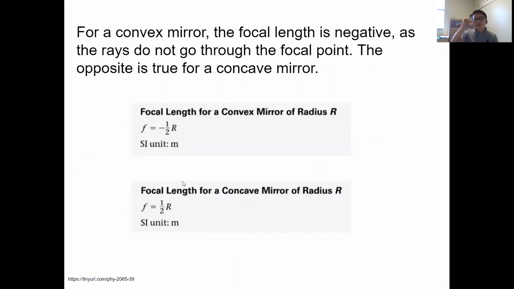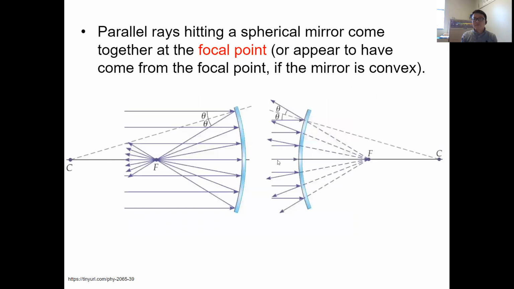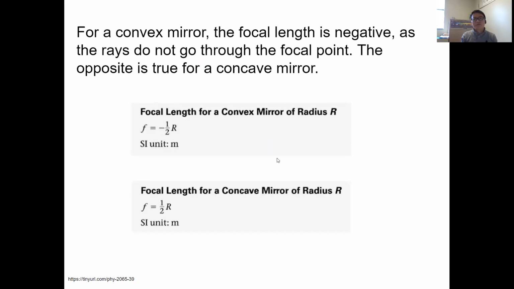For a convex mirror, because the focal point is where the reflected rays do not actually meet, it is virtual, and the focal length of the mirror is called negative.